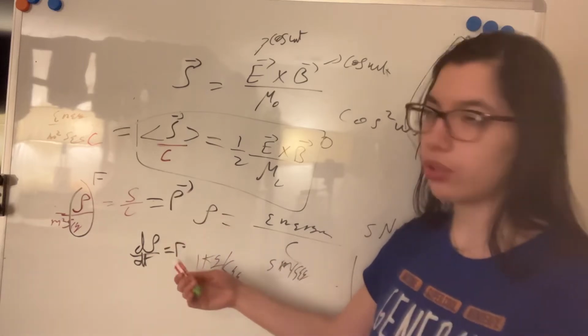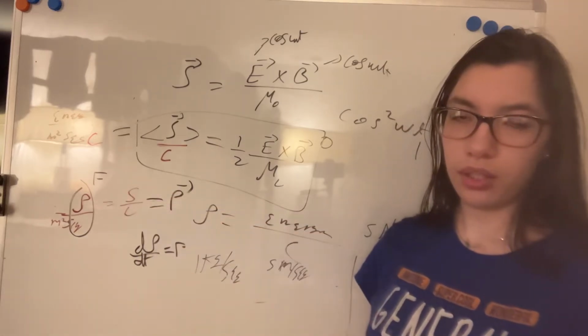In that same way, the radiation pressure is not just the Poynting vector divided by the speed of light.